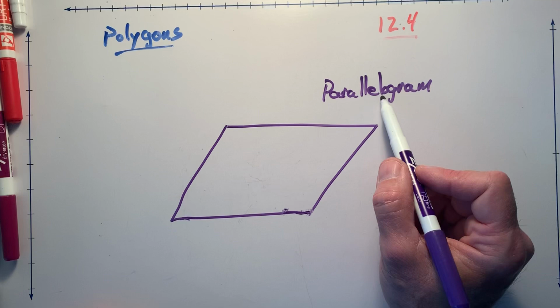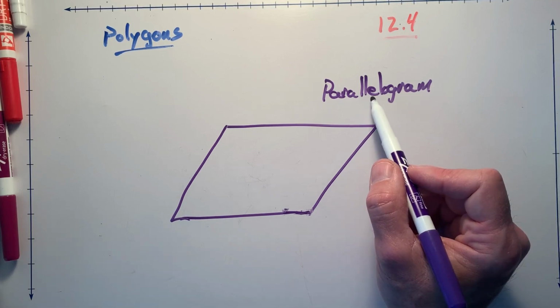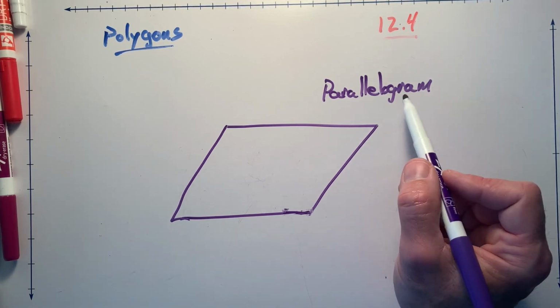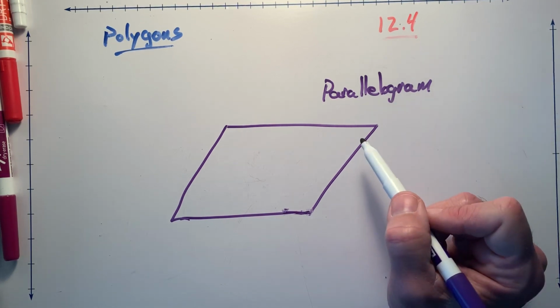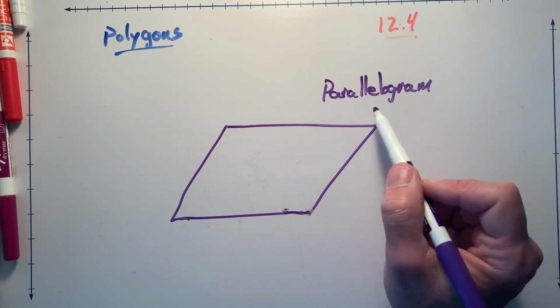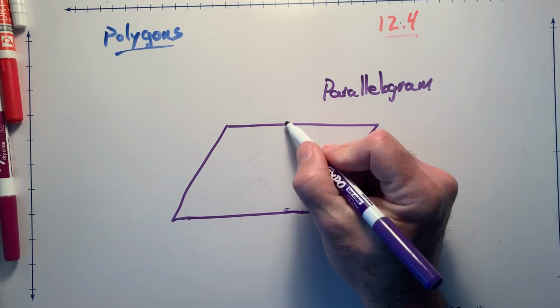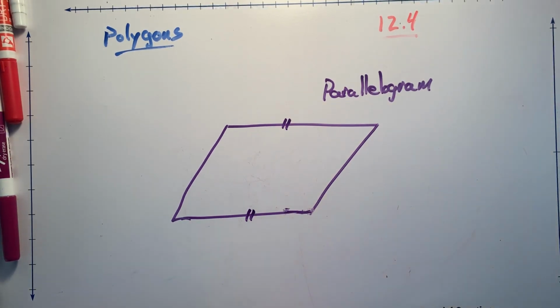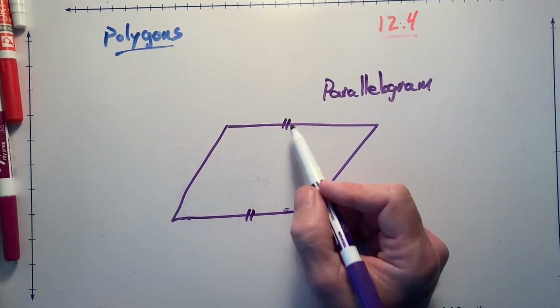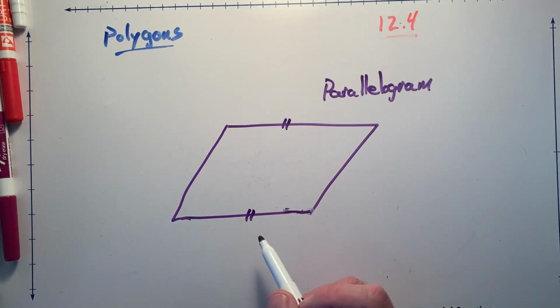It's parallel, and it's a polygon shape. So we have parallel lines. This line and this line are parallel. We use little lines to show that they are parallel.